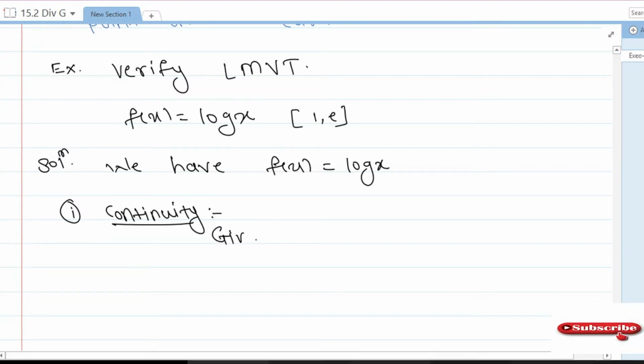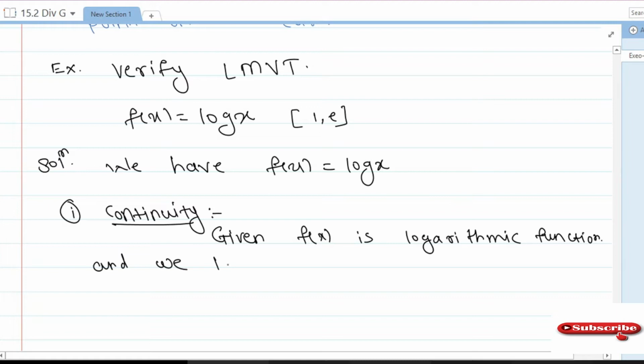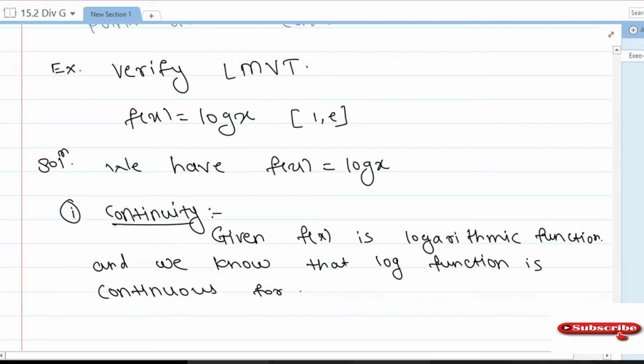Therefore, given function f of x is a logarithmic function, and we know that log function is continuous for all positive real values.